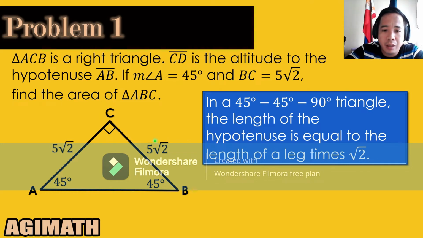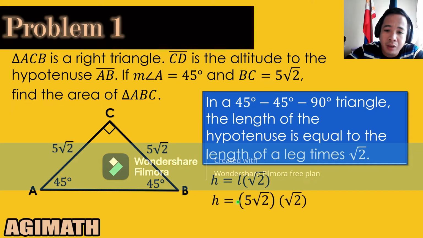And since the length of the leg is 5 square root of 2, the length of the hypotenuse, the length of AB, is equal to 5 square root of 2 times the square root of 2.